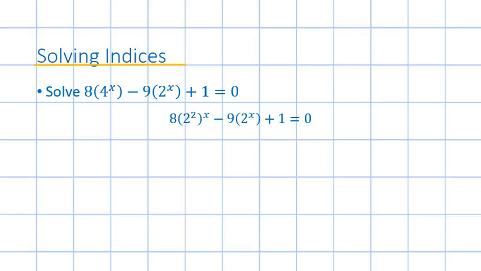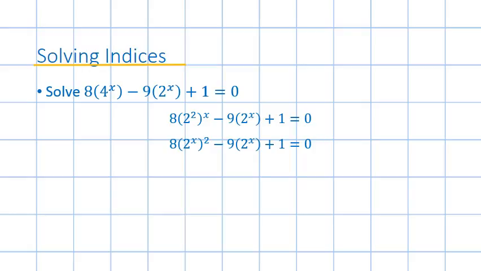Because 2 times 3, for example, is 6, and 3 times 2 is 6, I can swap those around to give me 2 to the x, all squared. That's the real trick with this question, remembering to do that. We're going to need to do something similar when we get to Core 2 as well, so it's a really important thing to remember for both modules. Now I have something squared minus 9 of the something plus 1, so it looks a little bit like a quadratic.